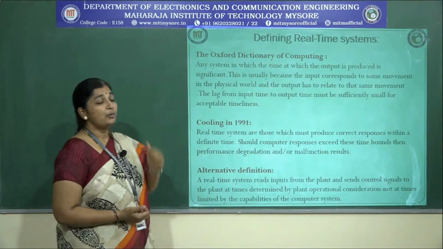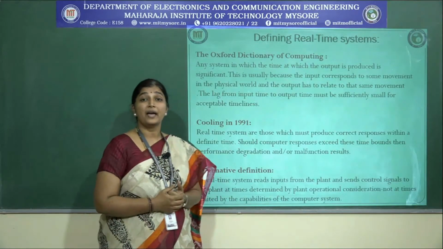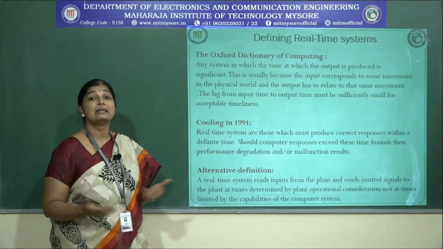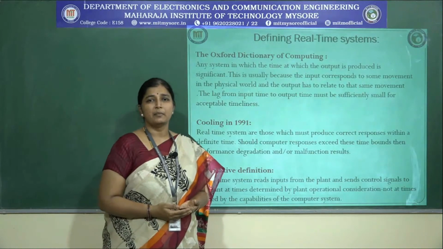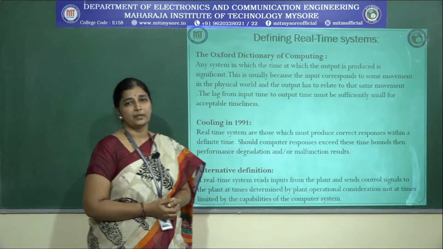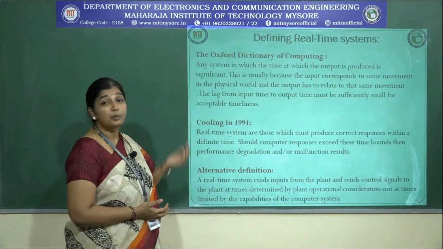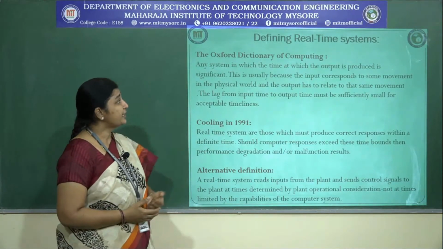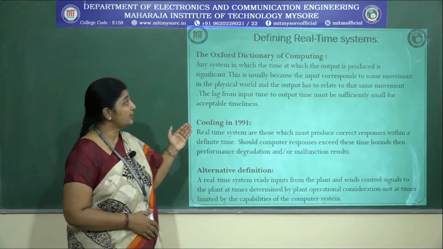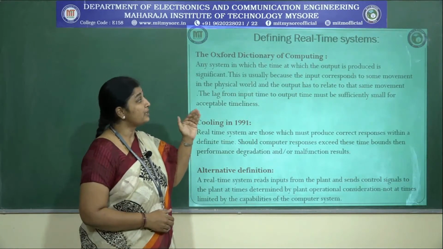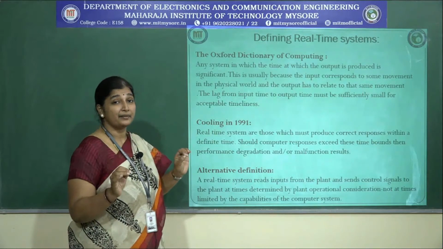Next. So now, knowing all this, we have to define what is a real-time system. We have a lot of other definitions given by many scientists, but we have a couple of them for you. The Oxford Dictionary of Computing, what does it say? It says any system in which the time at which the output is produced is significant.